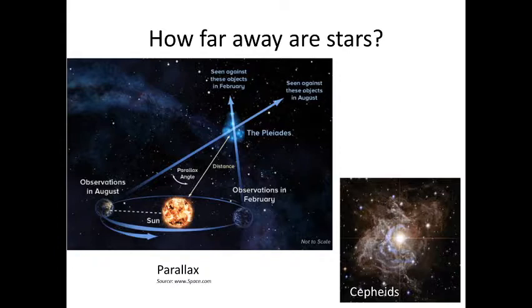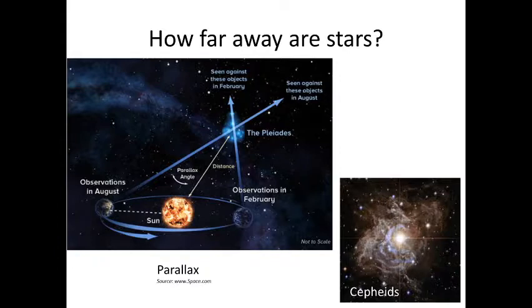And the shorter the period, the dimmer the star is going to appear. But for this to work, astronomers first use parallax to get the distance to close Cepheids, and then they calibrate a Cepheid's true brightness, and then they use that to compare with Cepheids in stars that are more distant. Cepheids are really bright stars, so they're visible in galaxies that are tens of millions of light years away. So they will use Cepheids, which are pulsing stars, to figure out the brightness of other stars that we can't use parallax for.